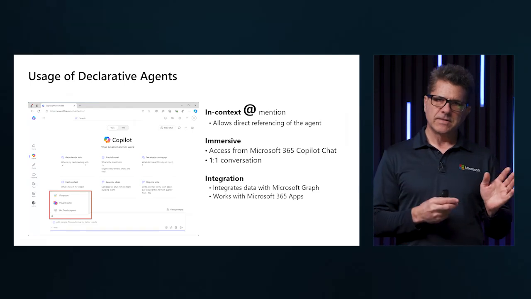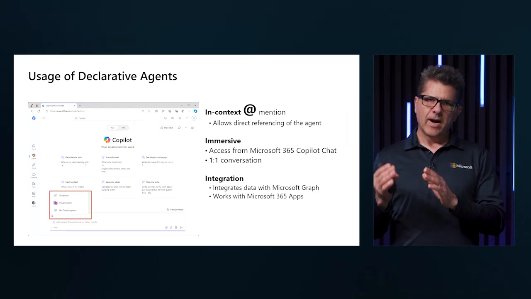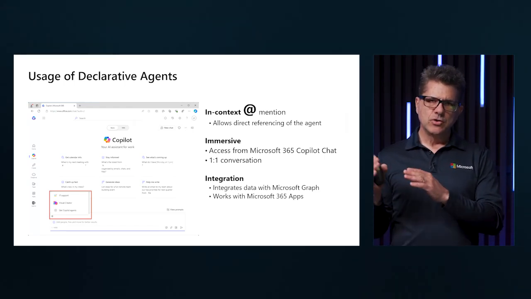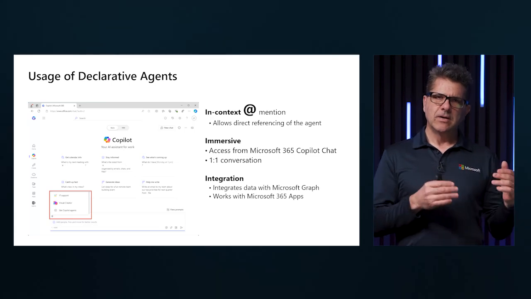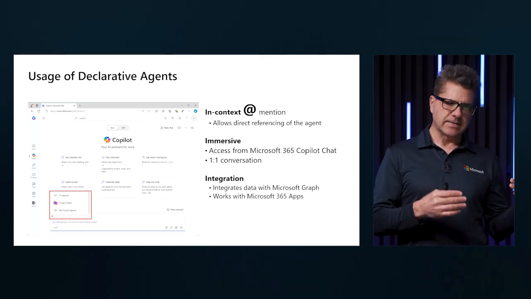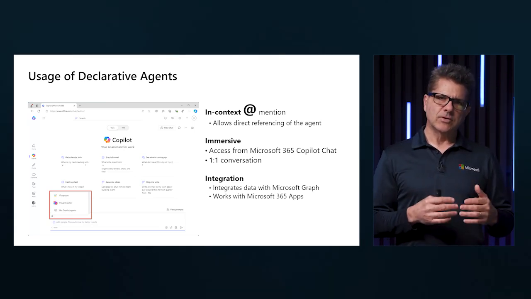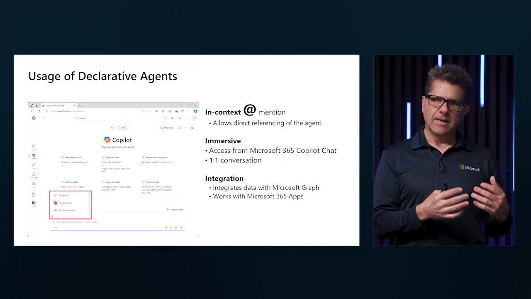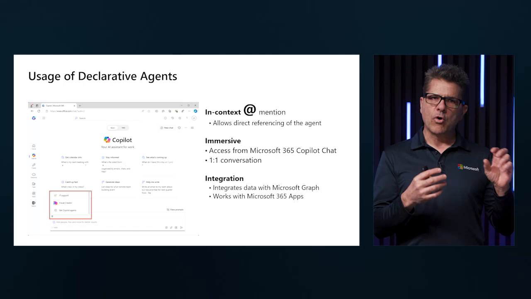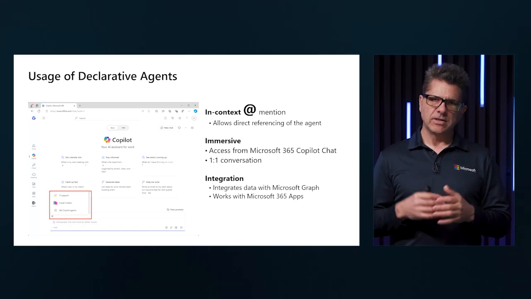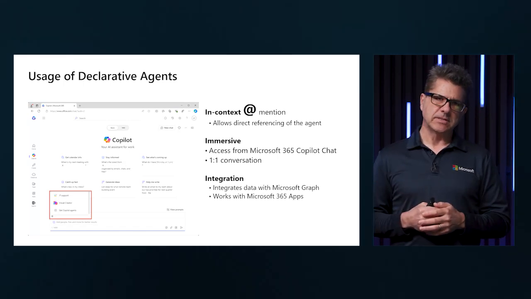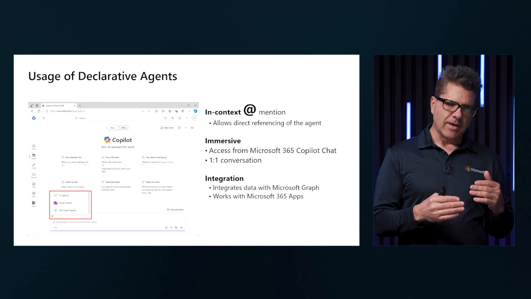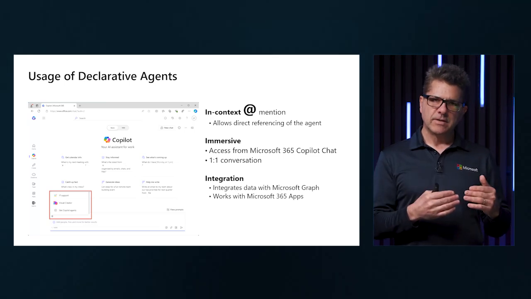Now, declarative agents are used by the users in two ways. First, in context. So in this case, in my Microsoft 365 Copilot, I can use the @ symbol, and this will begin to call the specific agent from the Microsoft 365 Copilot. I also have what we call an immersive approach.